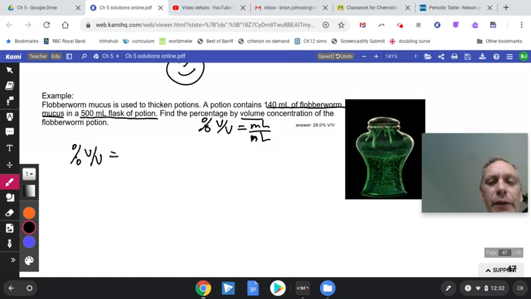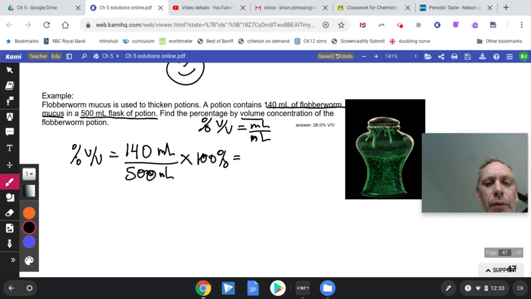Everything's always less than 100%, so you're always putting the smaller one, the solute, on top. 140 milliliters of flobberworm mucus dissolved in a 500 ml flask of solution. Now we want percentage, times 100%.